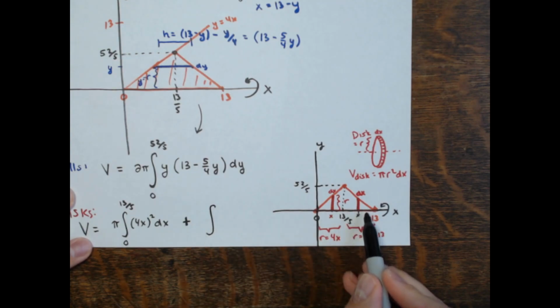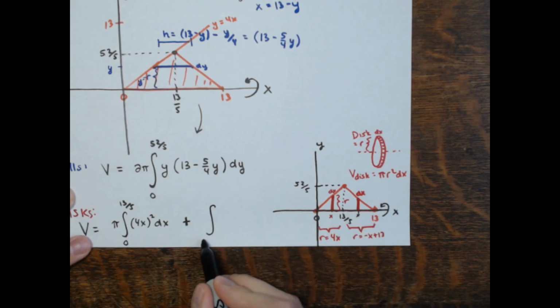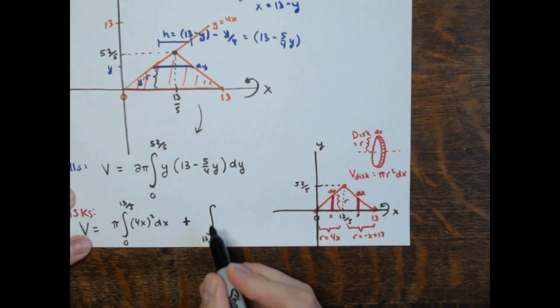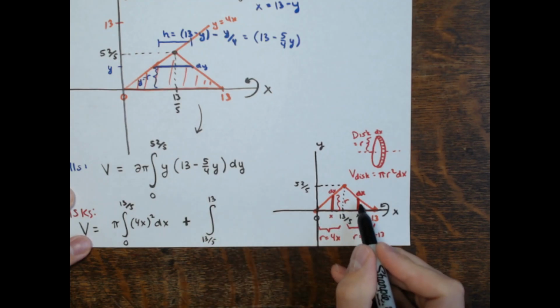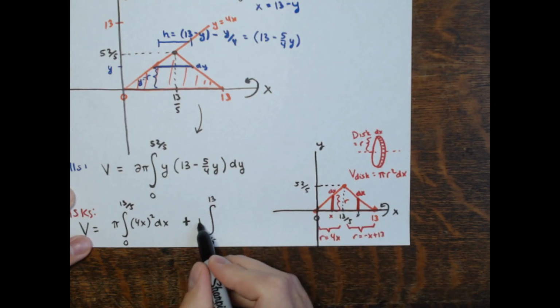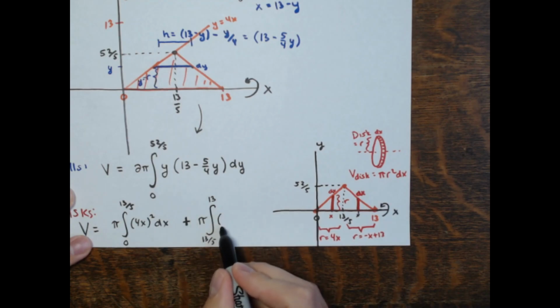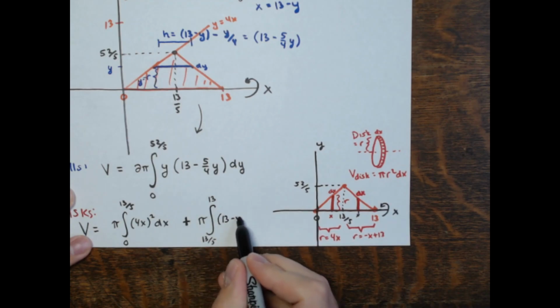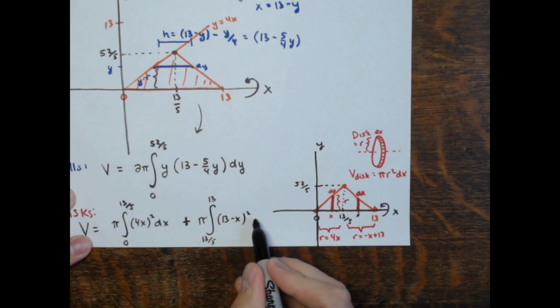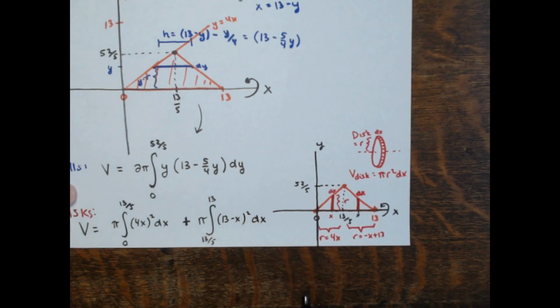And then we're going to add to that the volume of the second region spun around the x-axis, the region from 13/5 to 13. So I'm integrating from 13/5 to 13 of the volumes of these disks, which would be pi r squared, so pi times 13 minus x, or negative x plus 13, squared, times the thickness dx.